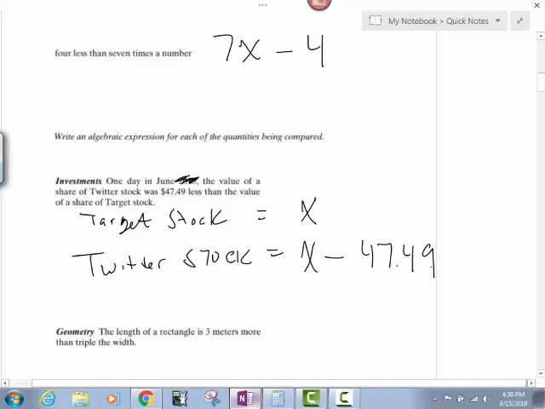I want to point something out. In these problems, we're going to be talking about comparisons. If we have two things, I should see my letter X twice. Here's the first X, here's the second X. The one we don't know anything about will be our X, and then we can write the other one as a comparison. Since we don't know anything about the Target stock, we let that be X. Twitter stock was $47.49 less than that one.